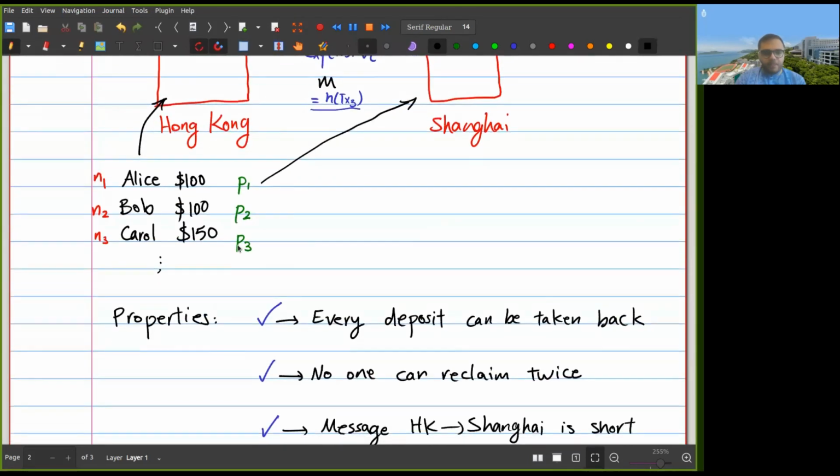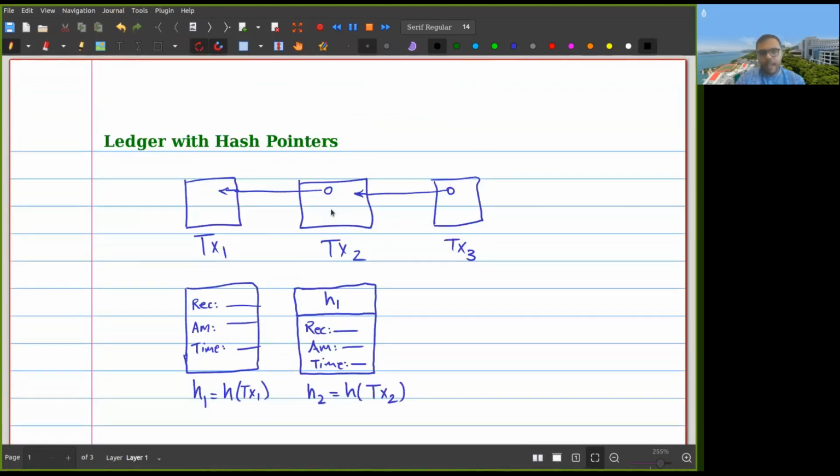And then whenever someone wants to prove to you that some item is in the linked list, they have to actually guide you through the linked list all the way to the item that they want to prove, right? So if someone wants to prove that transaction 1 is there, they have to give you all the information after transaction 1. Because as the Shanghai branch, you only know the endpoint of this linked list, and you just have to traverse it all the way until you reach what you were searching.